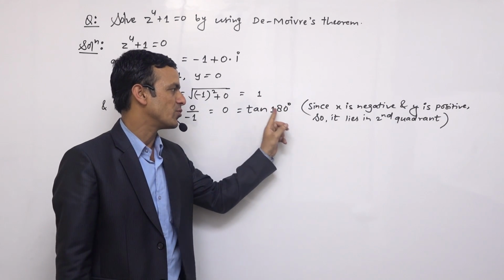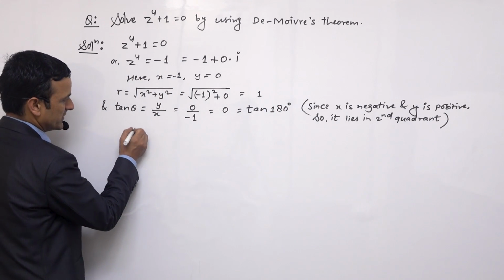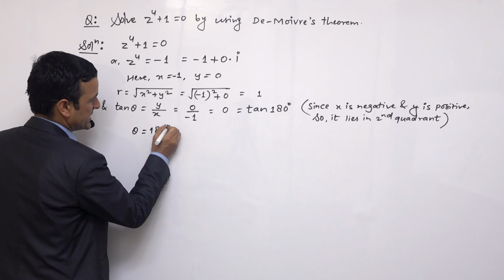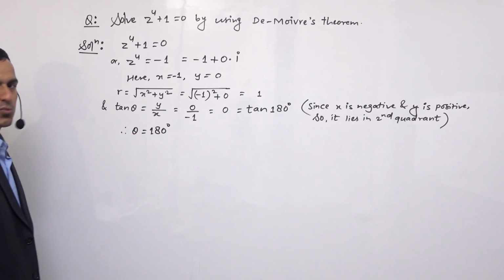So 180 minus 0 means 180. So here theta is equal to 180 degree. Required angle is this one.